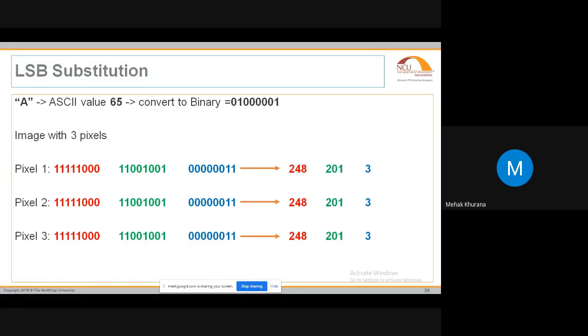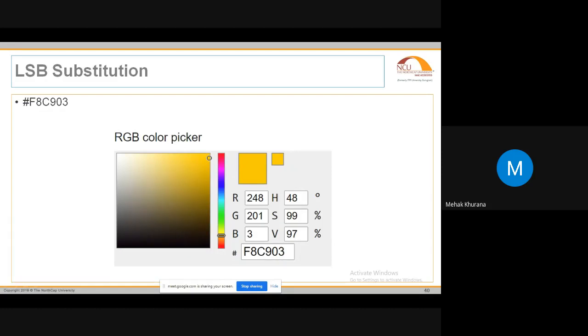Next, please. So what I've done is I've selected 248, 201 and 3. This has given me a hexadecimal value, which comes out to be F8C903. I'm not able to share my screen, otherwise I would have shown you.